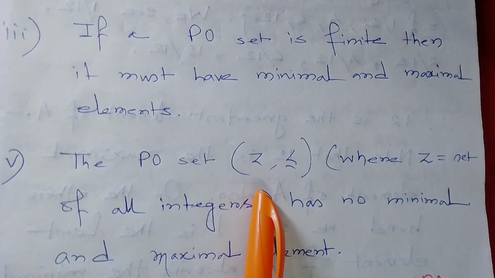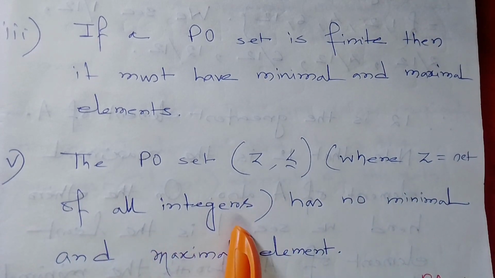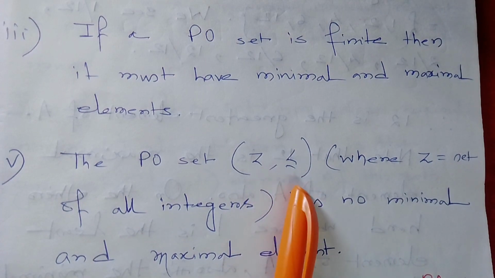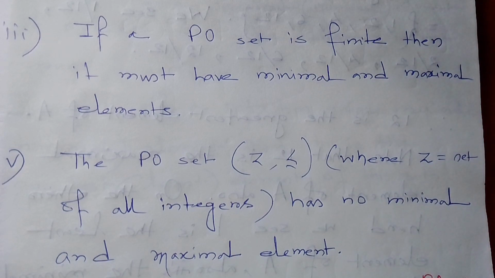The POSET (Z, ≤), where Z is the set of all integers, has no minimal and maximal elements, because (Z, ≤) is not a finite POSET. So that is why it has no minimal or maximal elements.